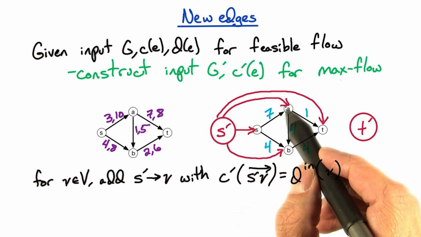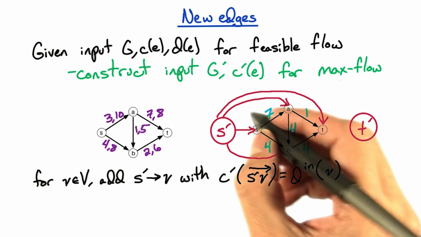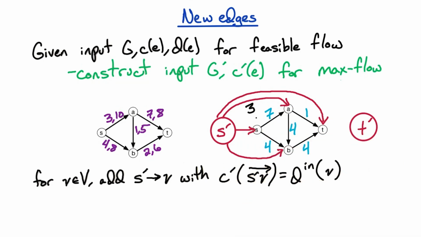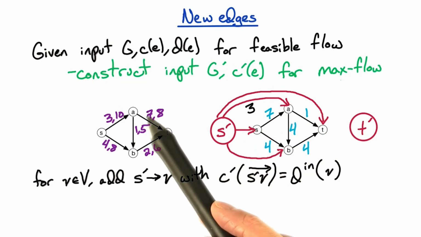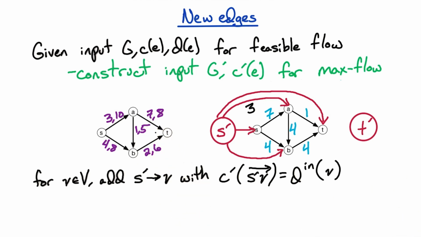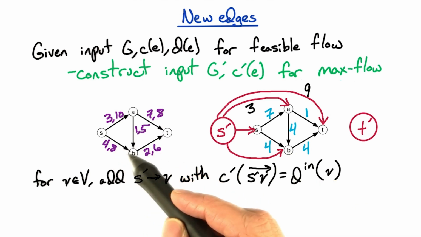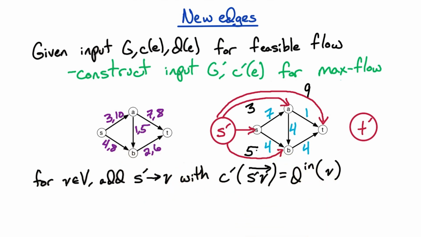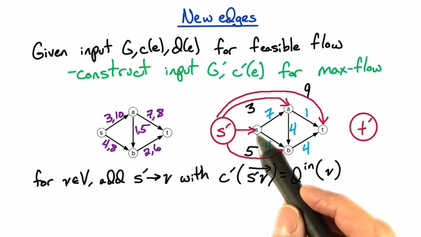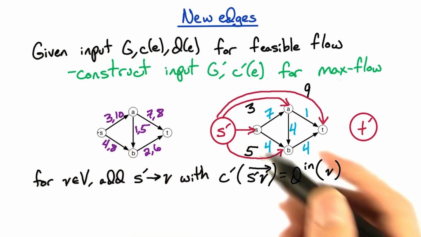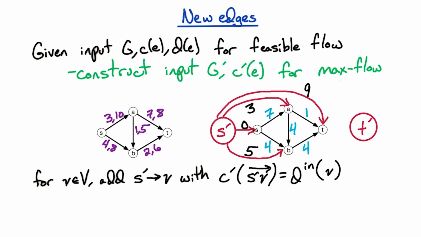So the capacity of this edge from S prime to A will be 3 units. Now T has total demand in of 7 plus 2, so 9 units. So this edge will have capacity 9. B has demand in of 5 units. So this edge has capacity 5. And S, of course, has 0 demand in. So this edge has 0 capacity.